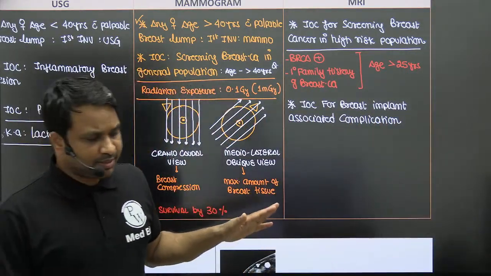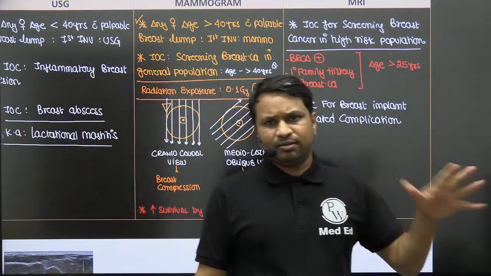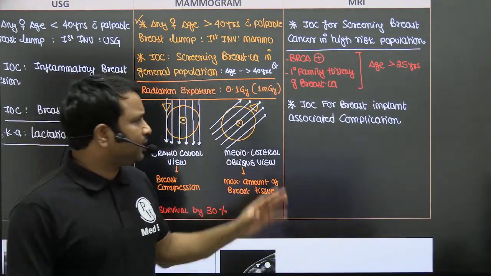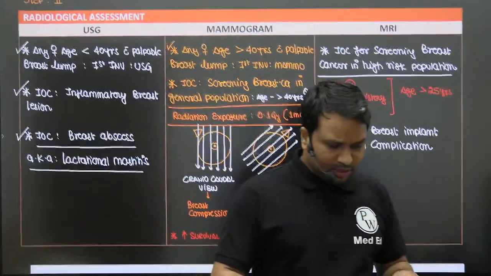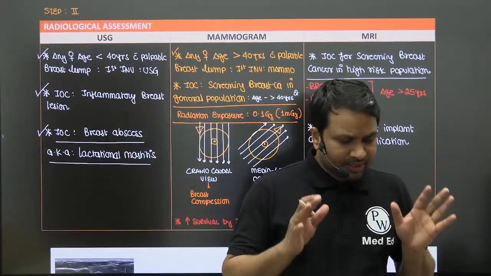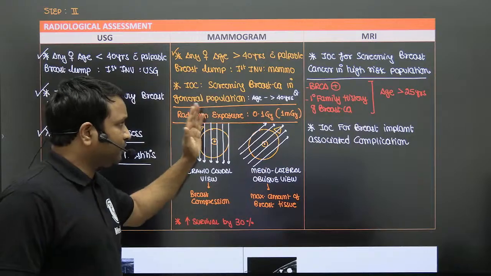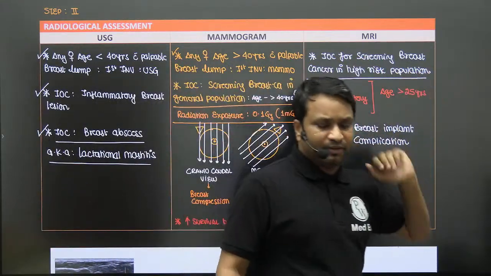As simple as that. So we talk about intracapsular ruptures, extracapsular ruptures, anything associated with breast implants, you will resort to MRI. So now we have a clear-cut idea of when we are going to use ultrasound, when we advise mammography, and when we advise MRI.